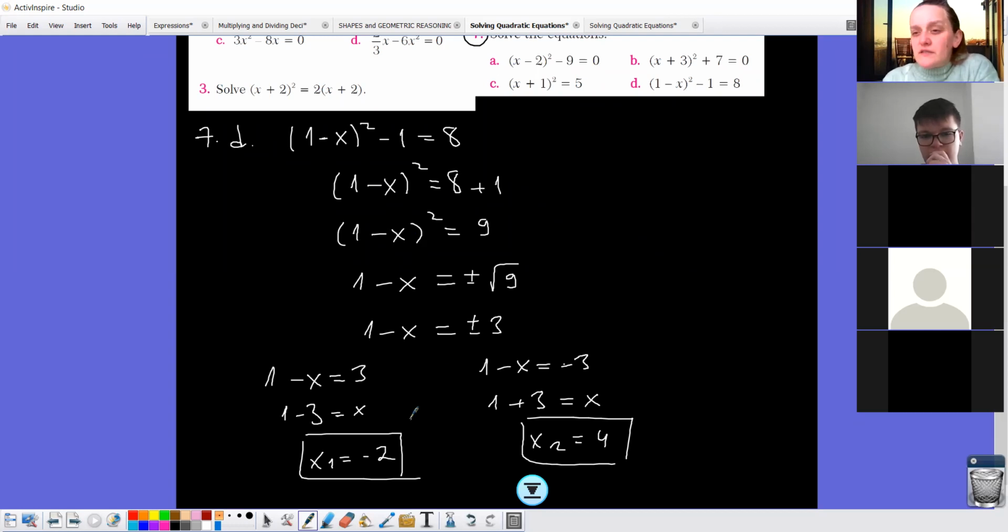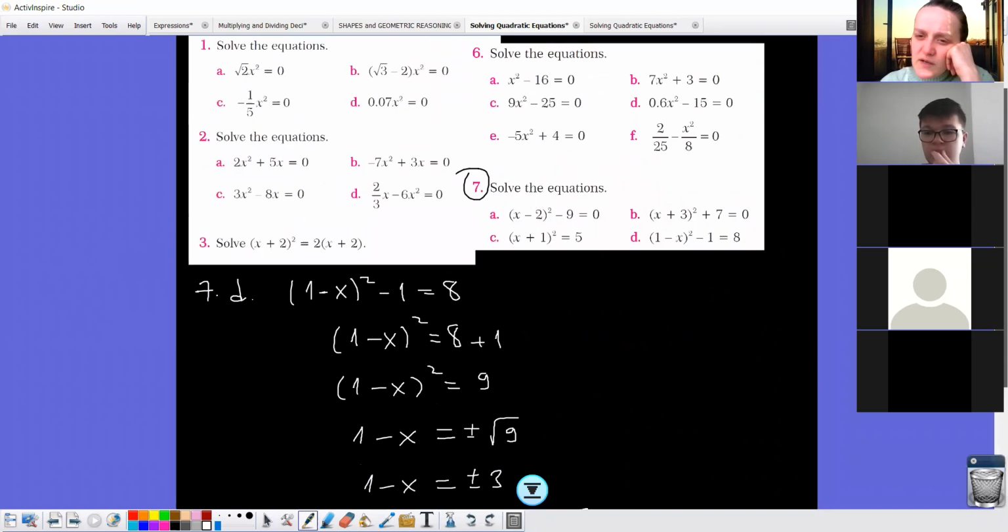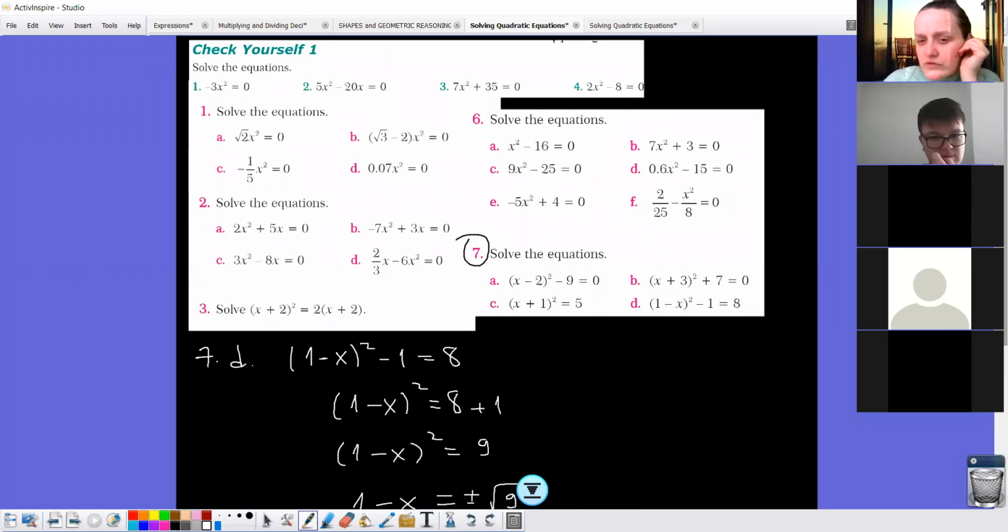You will have an easier solution. If you open it like 1 minus 2x plus x squared, then minus 1, then 8, you will have more complicated ones. This one you can solve directly. The others, check in your book and try to solve if you have time.